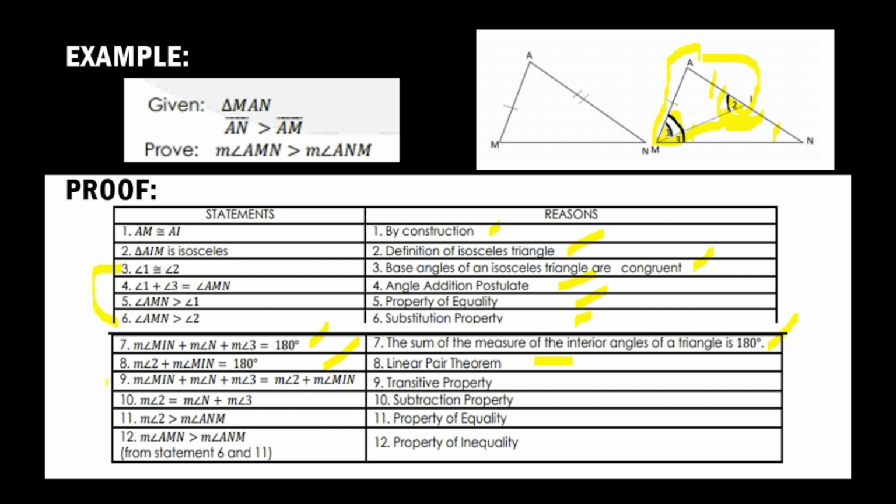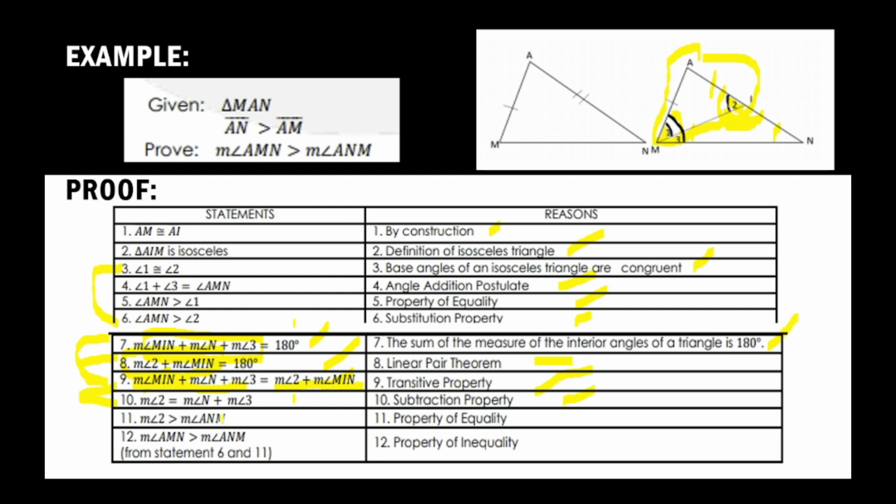So, where did statement 9 come from? It came from statement 8 and statement 7. So, why is it transitive? Because these two are both equal to 180 degrees, so the two are also equal to each other. Next, the measure of angle 2 plus the measure of angle N plus the measure of angle 3. It came from statement number 9. We removed MIN and this is what remains. That is why it is the subtraction property.